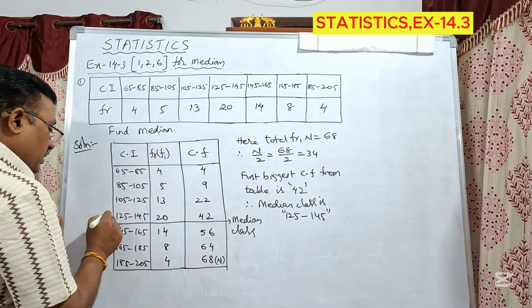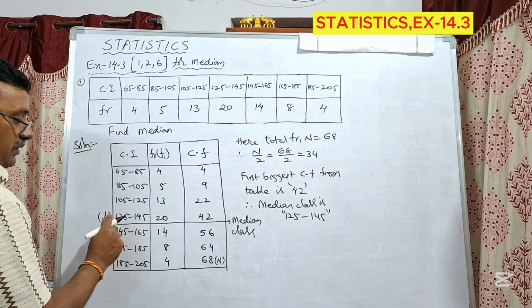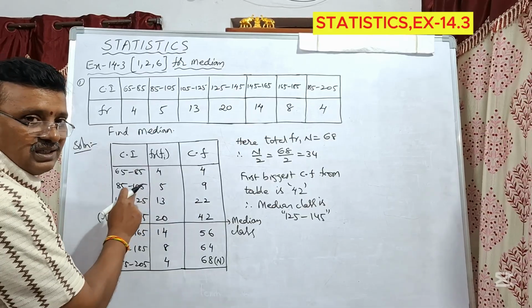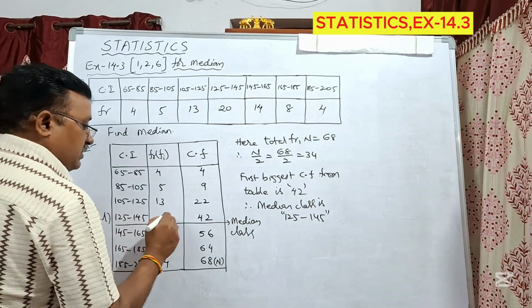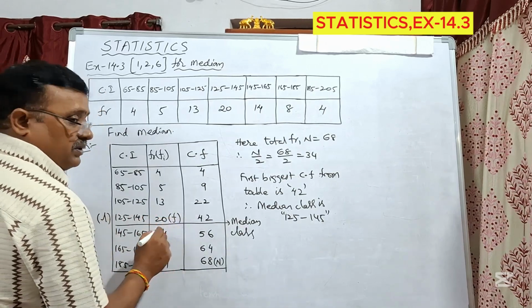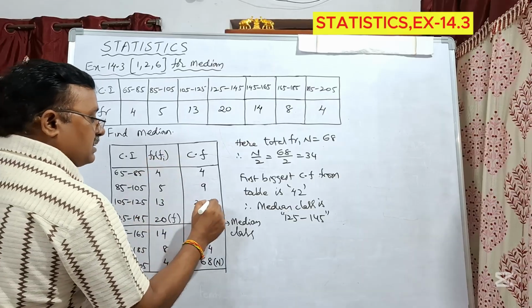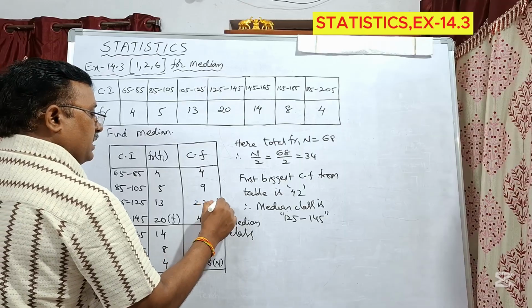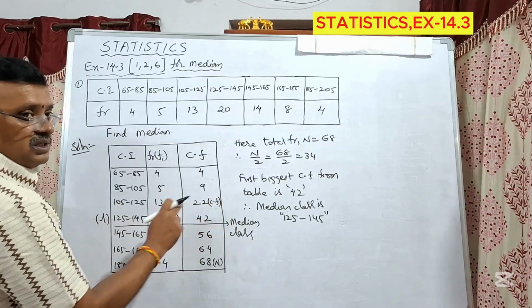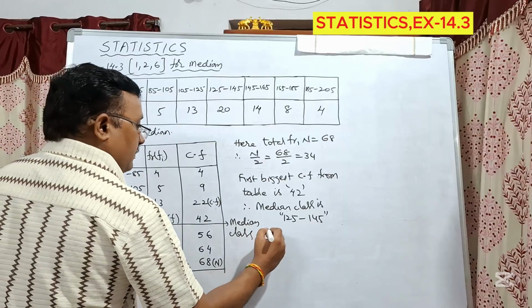Its lower boundary, what is that L value? 125. Clearly it is a continuous class interval, so the L value is 125. Its frequency is taken as small f. Its preceding cumulative frequency will be taken as CF. So 22 is CF. Okay, write them all.